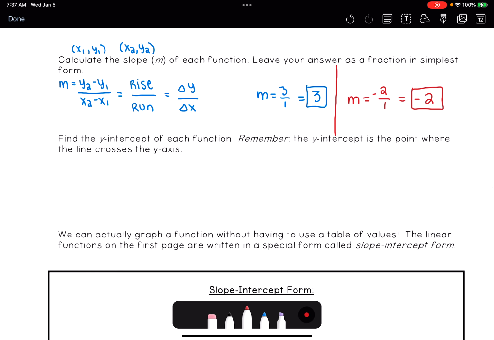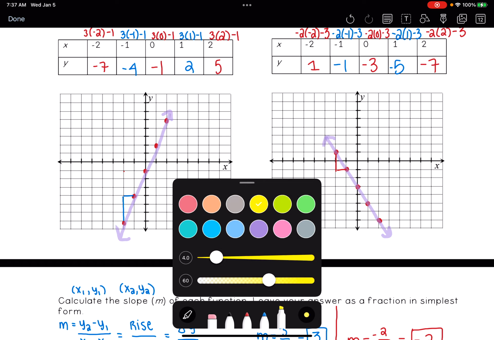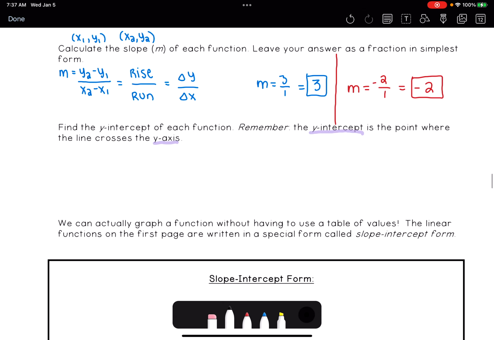Then we want to find the y-intercept of each function. So remember, the y-intercept is the point where the line crosses the y-axis. So if we look up at our graphs, here's our y-axis. The point where the line goes through that is 0, negative 1.